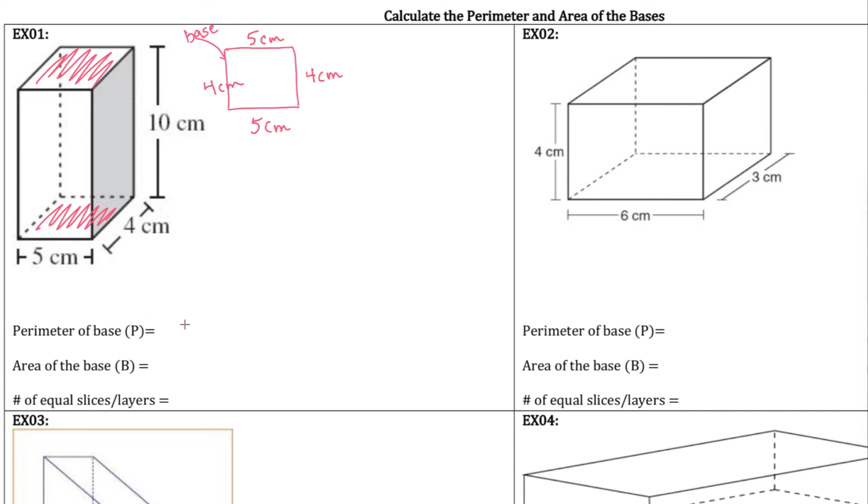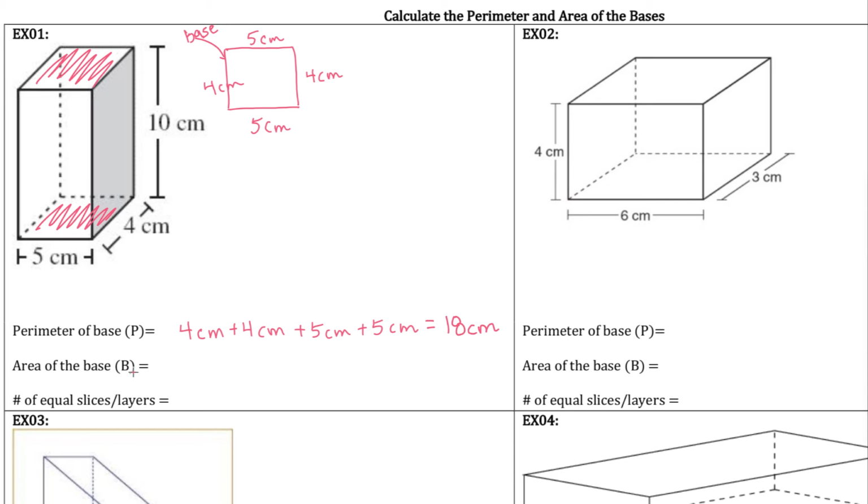So to get the perimeter of the base, I need to do 4 centimeters plus 4 centimeters plus 5 centimeters plus 5 centimeters. Which will give us, that's 10 and 8 is 18 centimeters. And that's it. It's pretty easy, right?